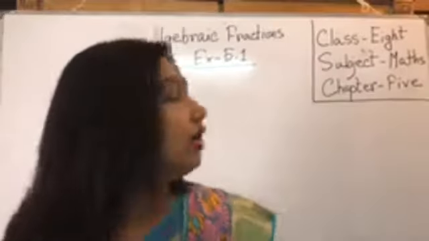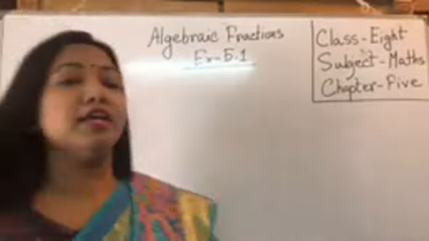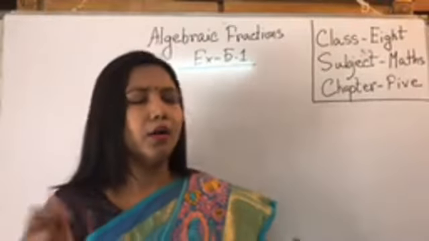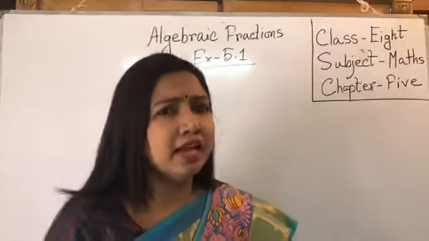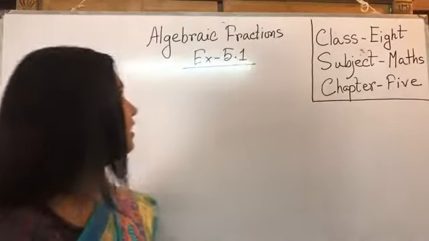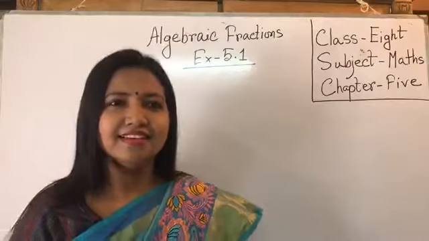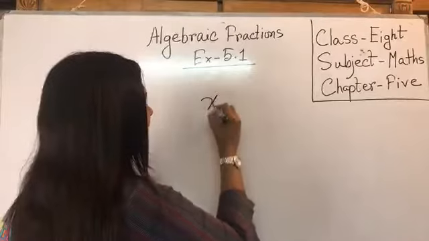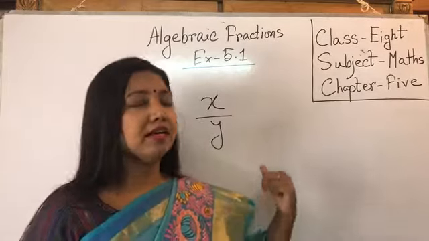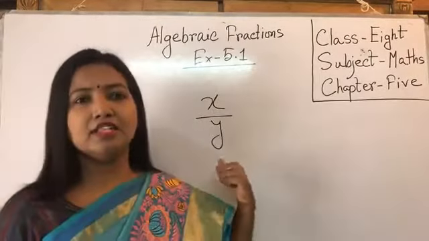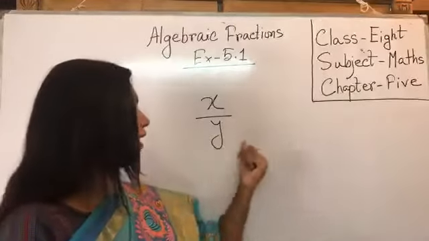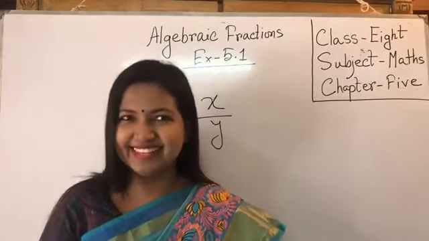So at first, what is an algebraic expression? I think you know it very well, right? Okay, so if m and n are x and y, how can you write the algebraic fraction in that way? This is x divided by y. When we write x divided by y in this form, it is called the algebraic fraction. X is called the numerator and y is called the denominator, right?